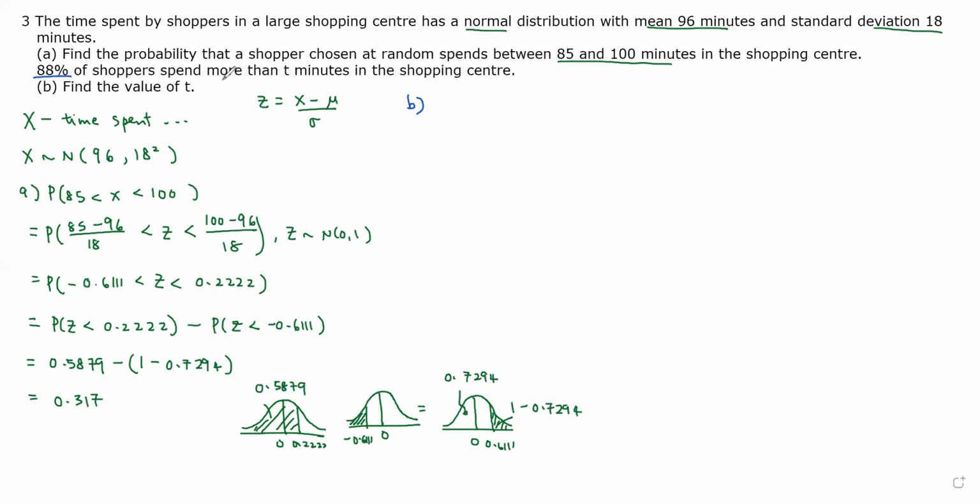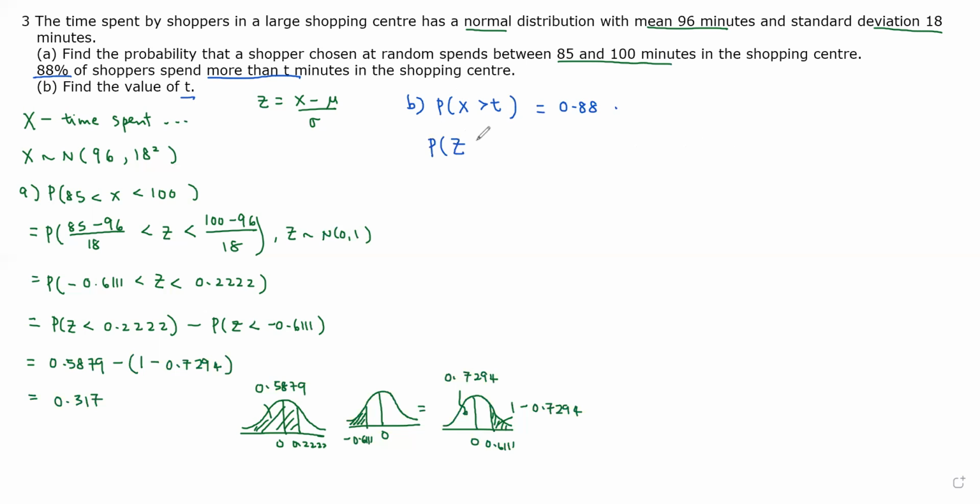88% of shoppers spend more than T minutes in the shopping center. We need to find the value of T. The probability that X is greater than T, more than T minutes means X greater than T, that is 88%, which is 0.88.